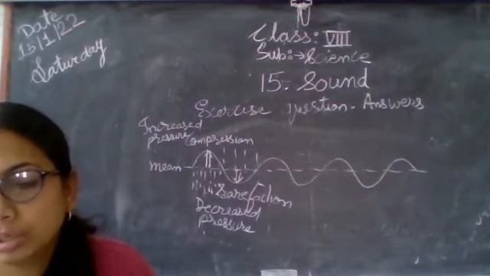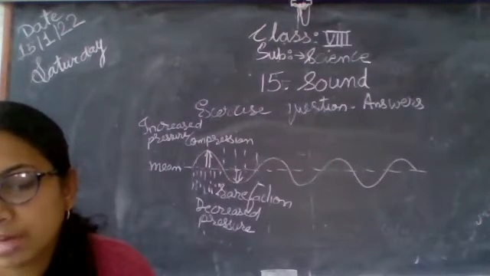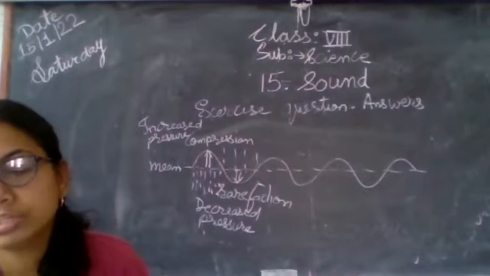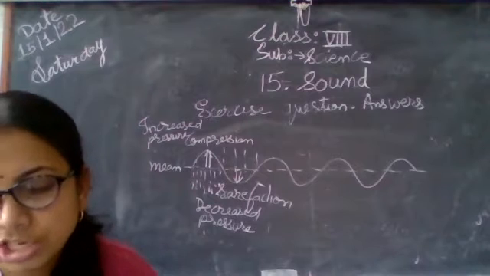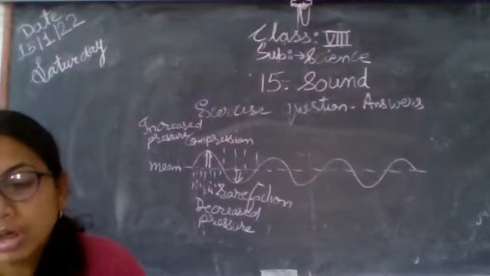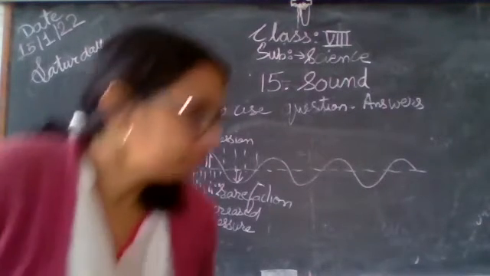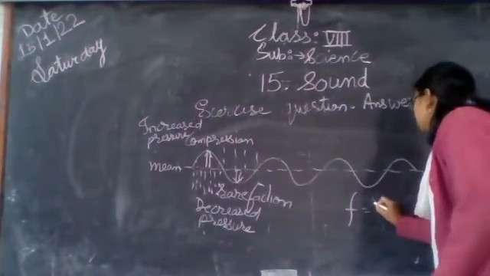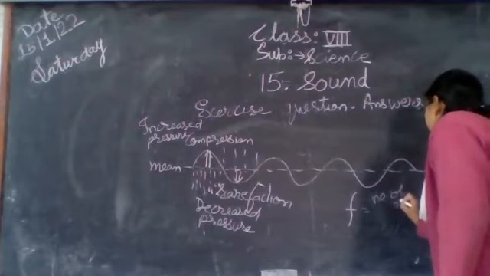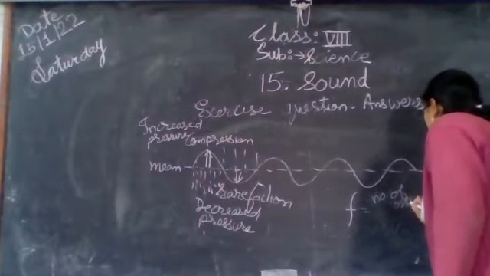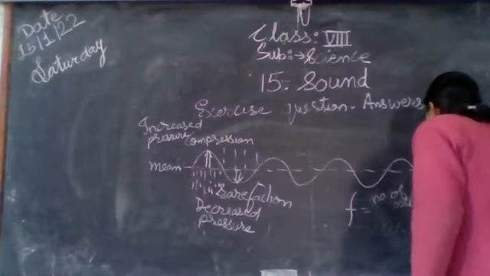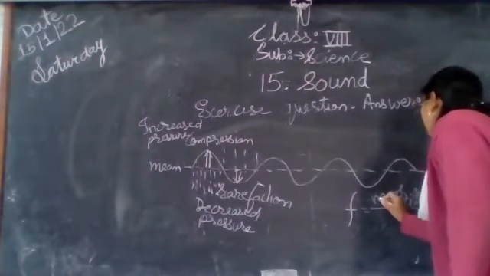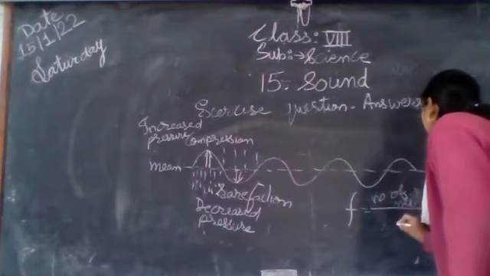Now, next, the total number of compressions and rarefactions produced per second in a sound wave is 1000. The frequency of the sound wave is how much? We have written the formula. Frequency is equal to number of oscillations, that is, number of waves in case of the sound chapter, divided by time.